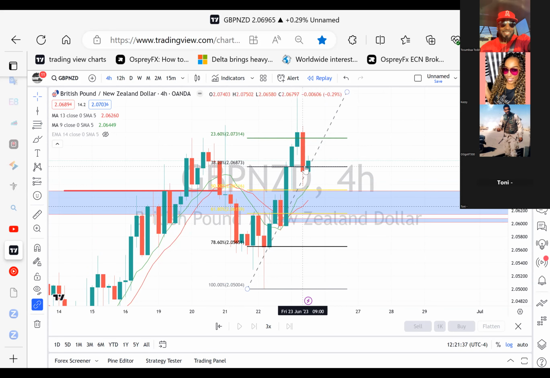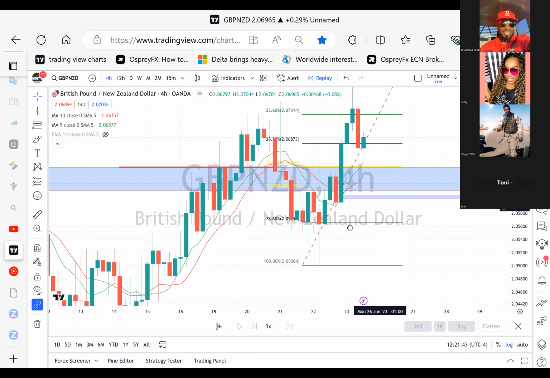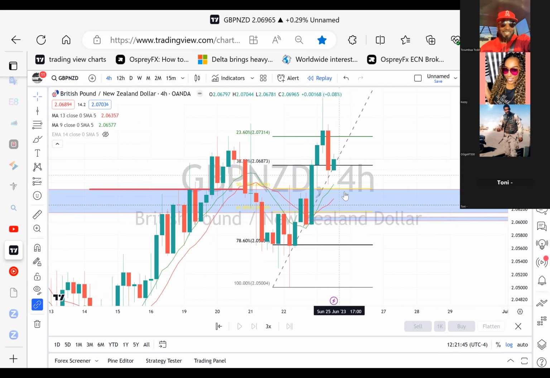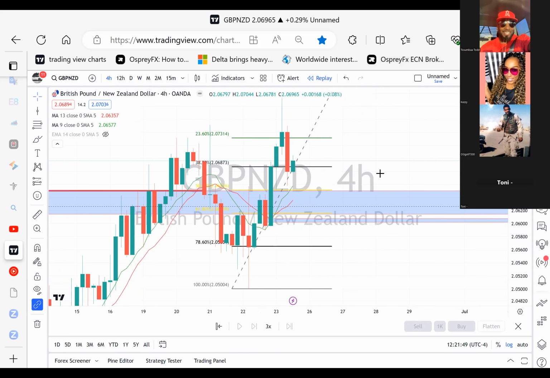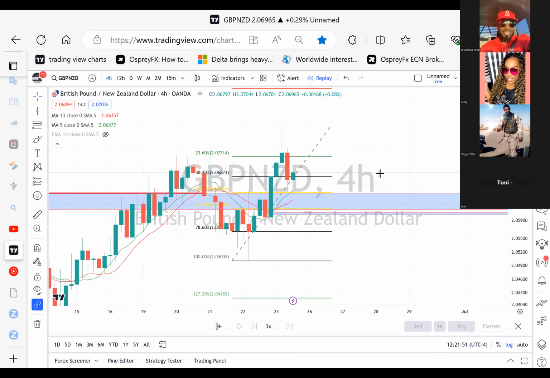What's at the 78? You have an order block, right? This order block is a good area to look at if price comes back down to this order block before it goes up, which who knows if that will happen. I'm not thinking that it will, but if it did, this is why. It's not just that it's the 78. What's at the 78? This provides a good target for price to push up.